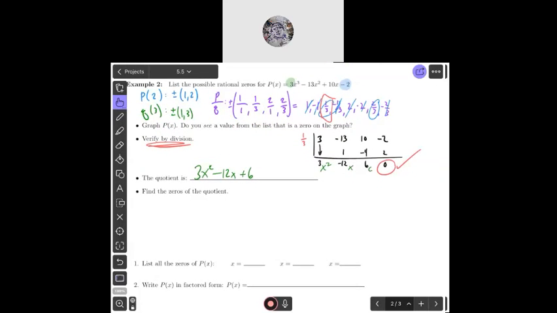Since we are short on time, I'm just going to very quickly show you that we should be setting that equal to 0, and we should be trying to solve this. And if we go to try to factor it, you might notice that there is a GCF. So we can take that 3 out. But taking the 3 out doesn't actually really help us because it's still a quadratic within the parentheses.